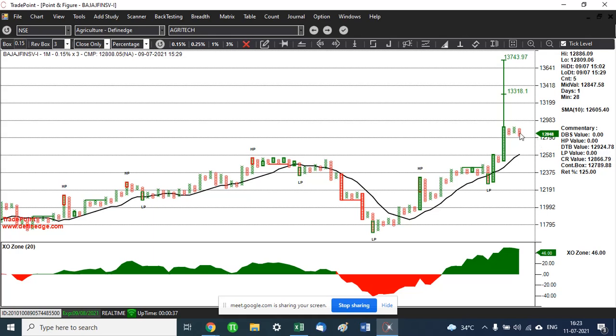So whenever the stock goes to 12,925, this is the futures chart, so the futures value of Bajaj Finserv goes to 12,925, we will enter the stock for a long trade with the targets of 13,318 as well as 13,744 with a small stop loss, which once it is in the column of X, it will show us the double bottom sell, which will be essentially the low of this column of O, which is 12,809. That will be our stop loss, and we can enter with these targets.